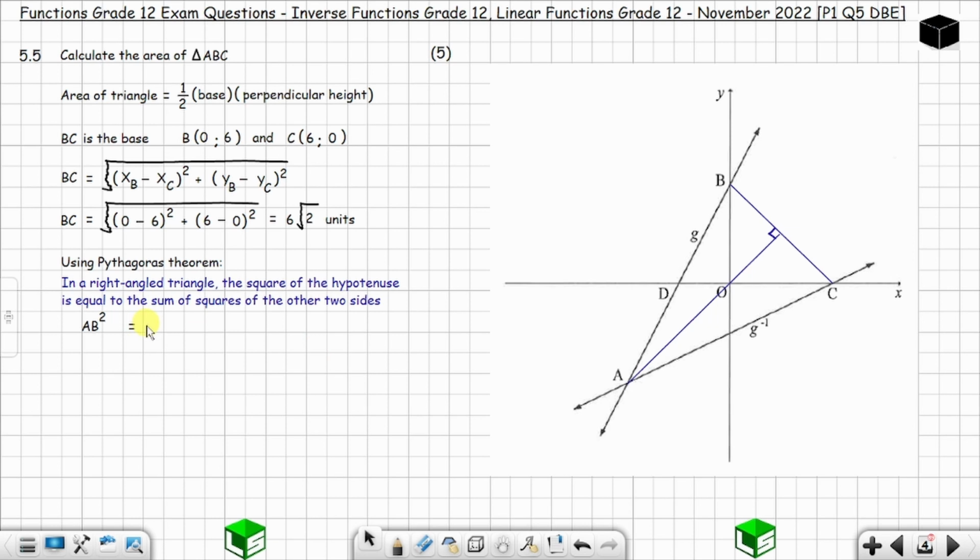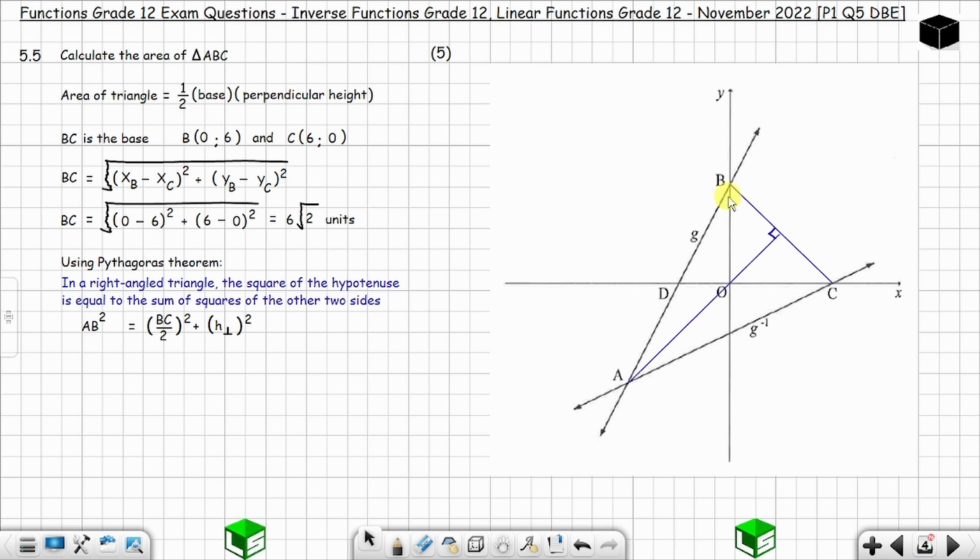So you have (BC divided by 2) square, plus the perpendicular height square. So this side square plus this side square is equal to the hypotenuse square.